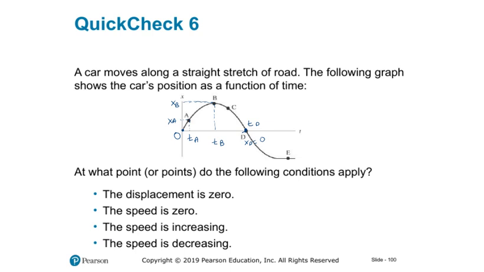As I keep going, I will see at D, there's a time bigger than 0, td, but x is 0. So at D, the car apparently goes somewhere and then comes back to 0. I can read that from the graph. This is also a very important skill. So displacement is 0 at point D. Hope that makes sense to you folks.